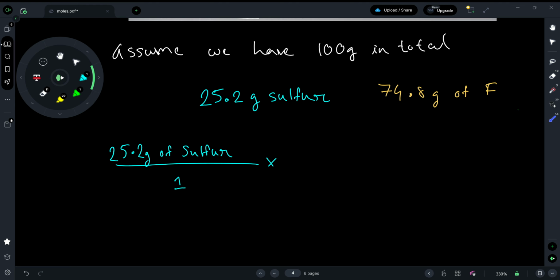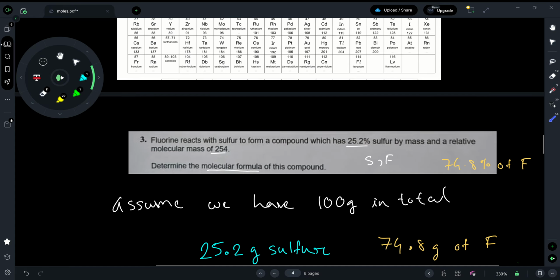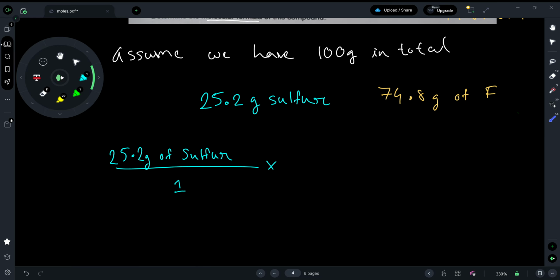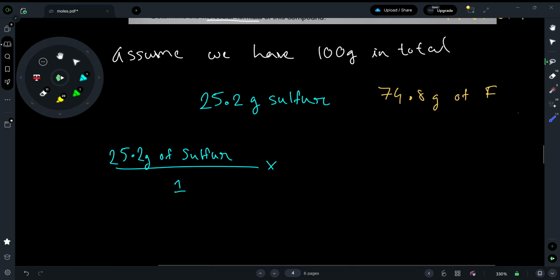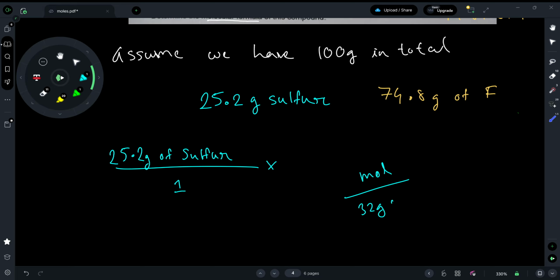Sulfur had a mass number of 32, so we can write 32 grams per mole of sulfur, or we could have written, per mole we have 32 grams of sulfur, because they mean the same thing.